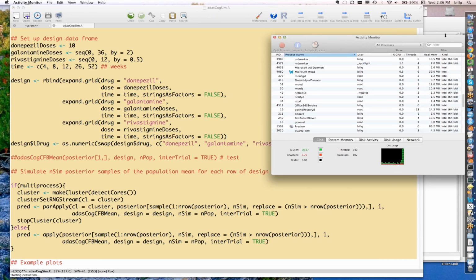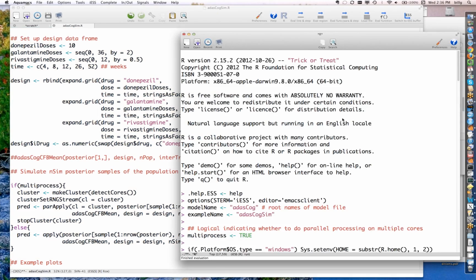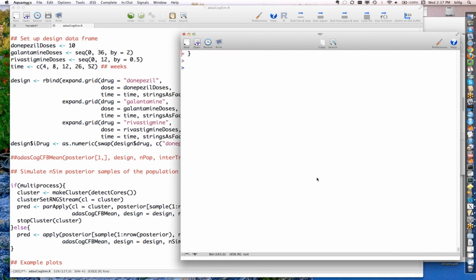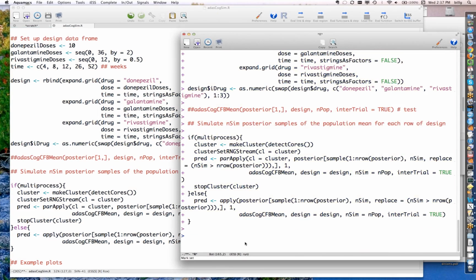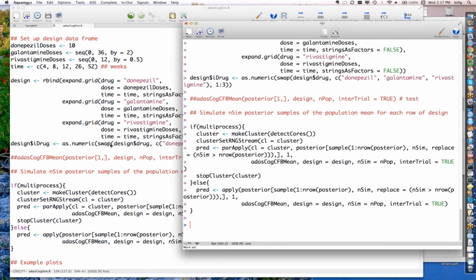Okay, there we go, so it's doing our simulations there. And okay, it looks like it's given all those processors back again, and I think it's actually finished. Let me make sure I didn't make any errors along the way, none that are apparent. Okay, so we've simulated all those.